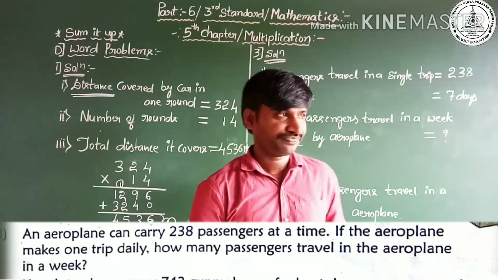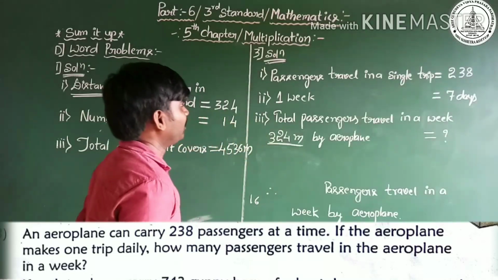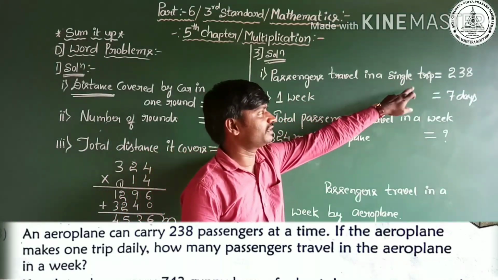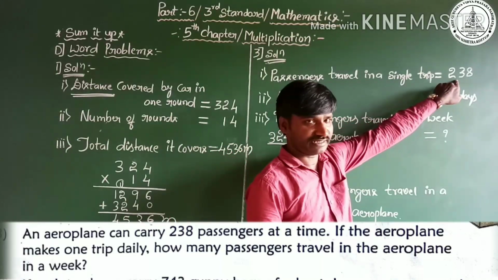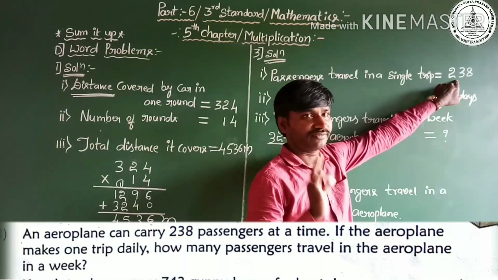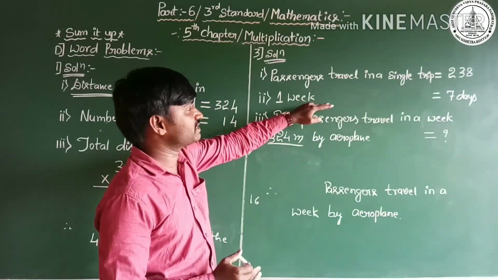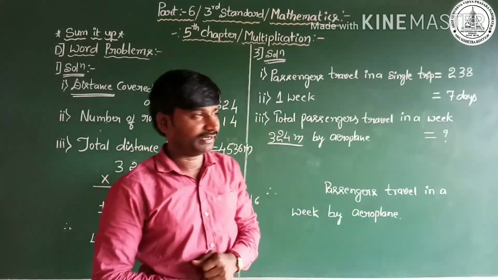You find out? Yes, dear student. The solution: passengers travelling in a single trip, 238 passengers in a single trip. Then in a week, how many passengers travel in the aeroplane?